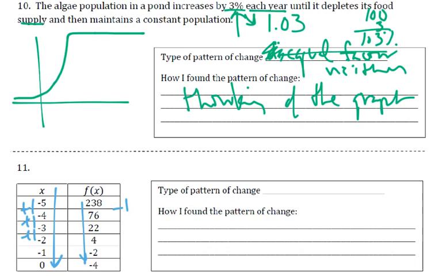So we subtracted 162, then 54, then 18, then 6, and then 2. So there is actually a pattern here. It's probably tough to see.